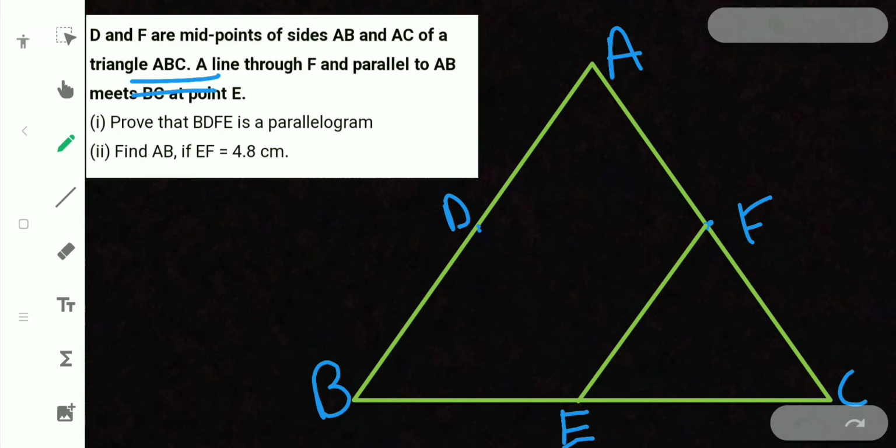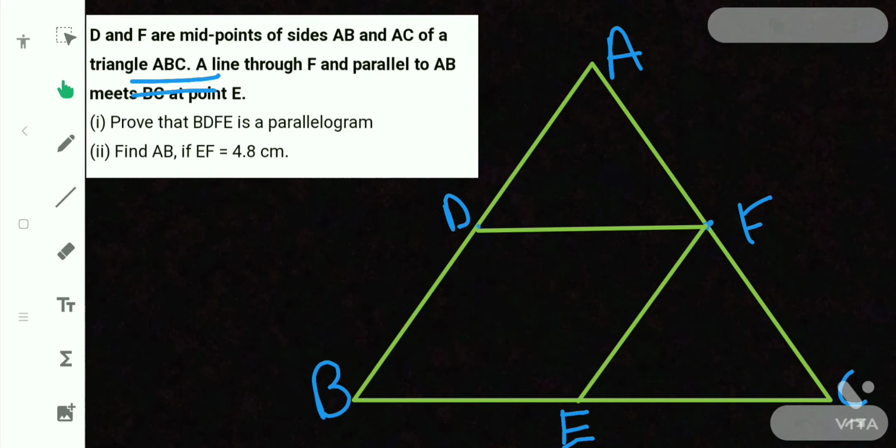Now what they are asking to prove first is that BDFE, for this we have to draw a line again. Now you can see this figure BDFE is a parallelogram. We have to prove it.